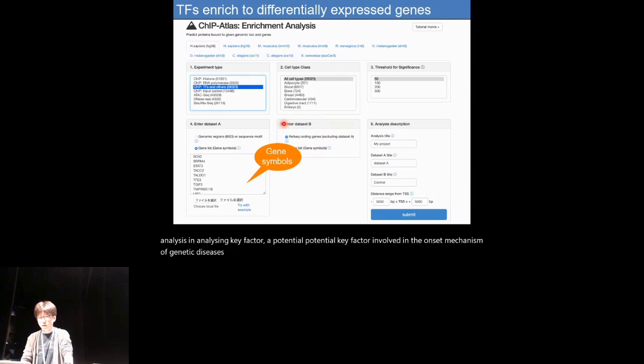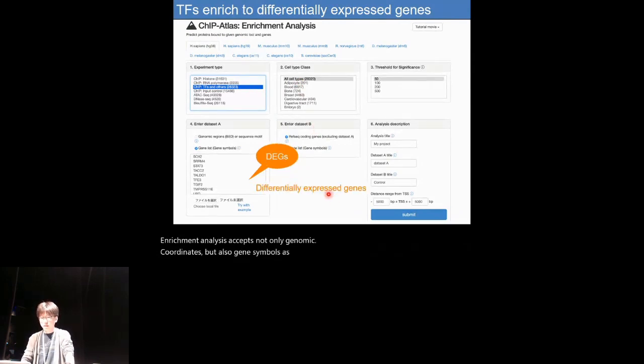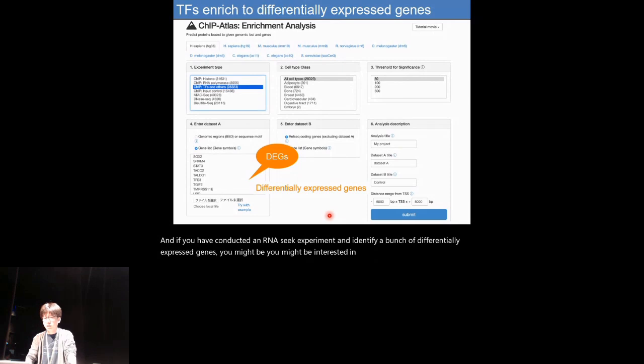And enrichment analysis accepts not only genomic coordinates, but also gene symbols as input. If you have conducted an RNA-seq experiment and identified a bunch of differentially expressed genes, you might be interested in understanding their upstream regulatory mechanism.